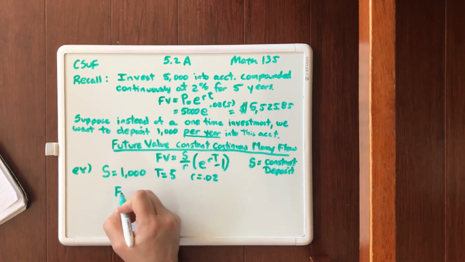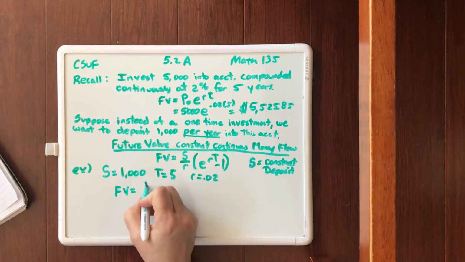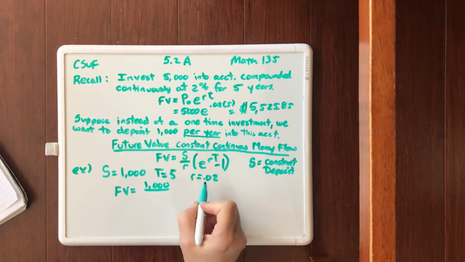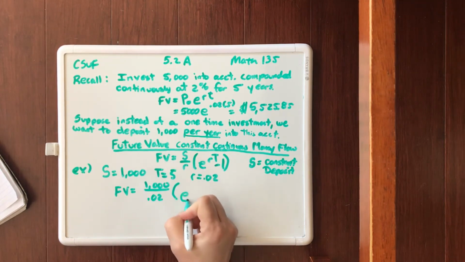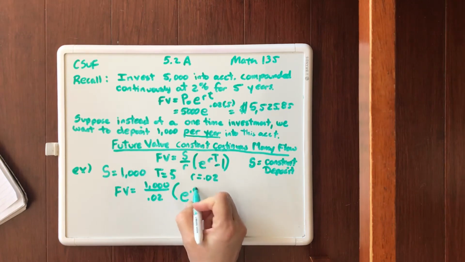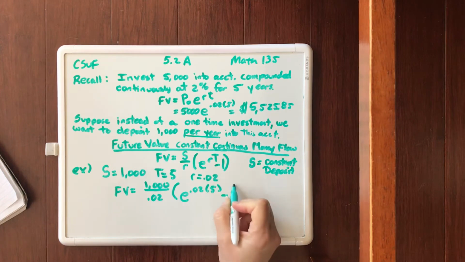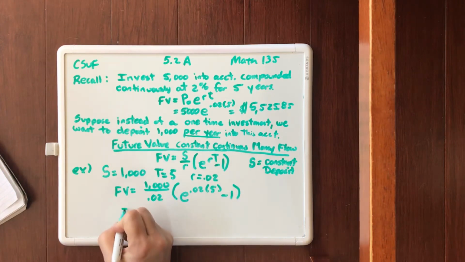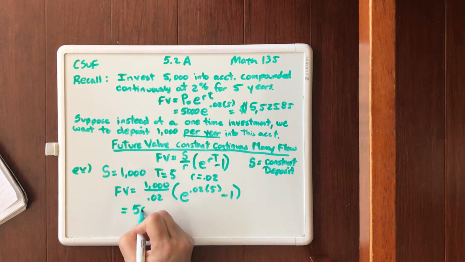So we use the formula future value equals, and we put 1,000 in the S, divided by r, which is 0.02, times e to the 0.02 times 5 minus 1.